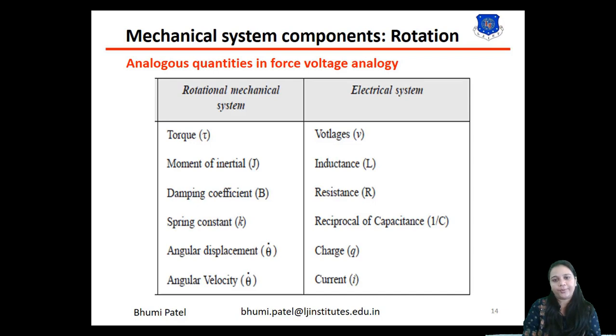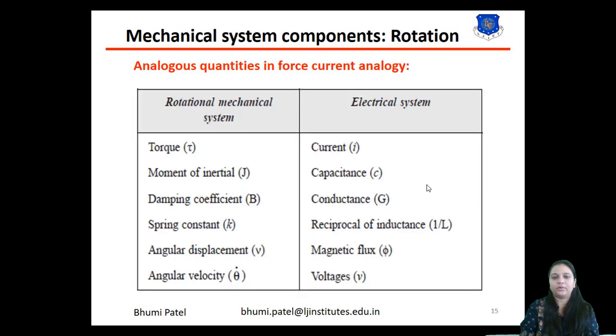So the force voltage analogy for rotational motion is: torque is directly equivalent to voltage, moment of inertia J is directly equivalent to inductance, damping coefficient B is directly equivalent to resistance R, spring constant K is directly equivalent to the reciprocal of capacitance, 1 by C, angular displacement theta is directly equivalent to charge Q, and angular velocity theta dot is directly equivalent to current I. Next, the analogy quantities for the force current analogy.